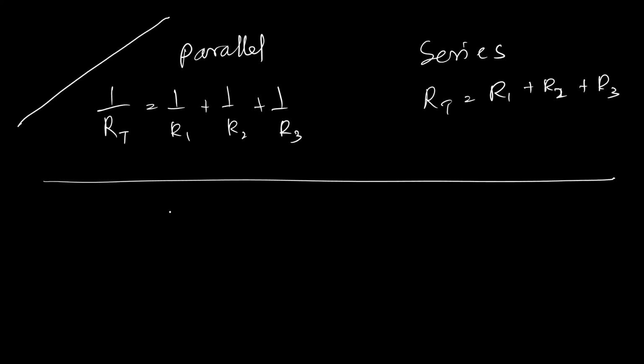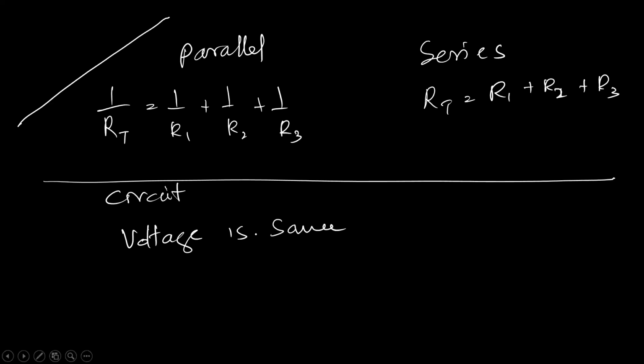If you look at the circuits, in a parallel circuit with a battery, what you have to remember is the voltage is the same. Each flow, upper flow, upper flow, upper flow, the voltage is the same. The current will be different.